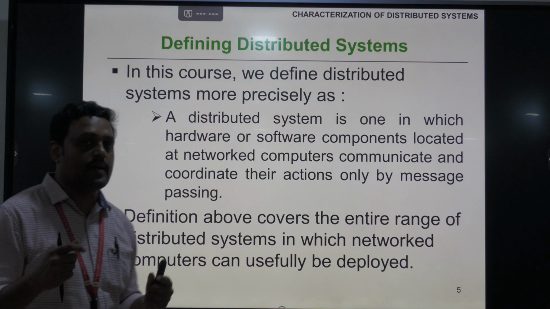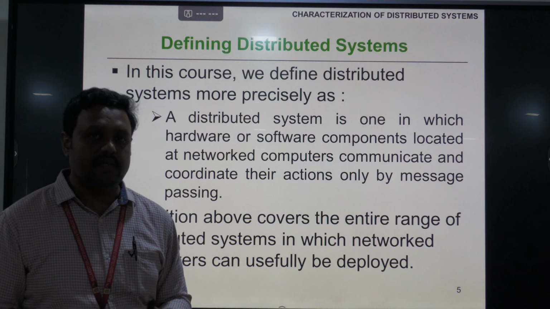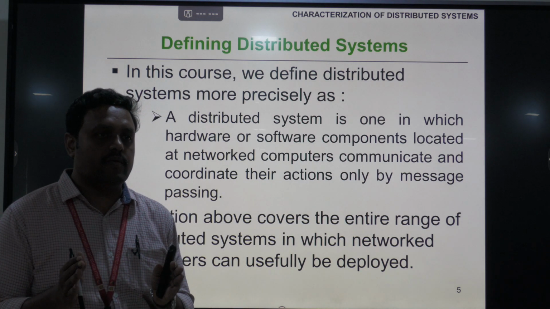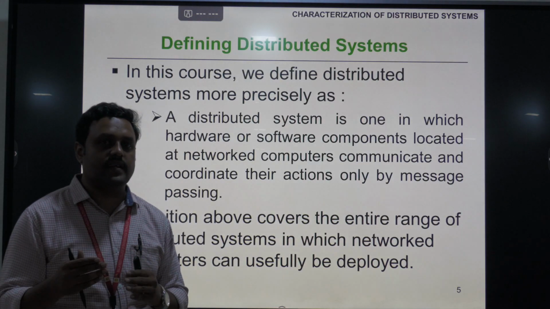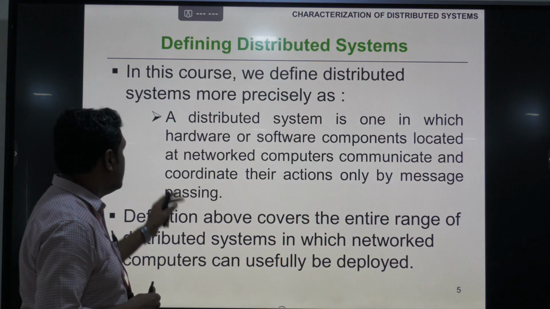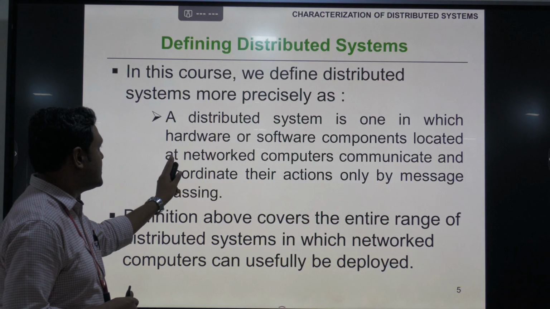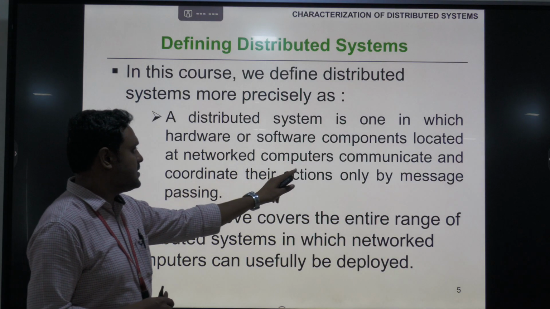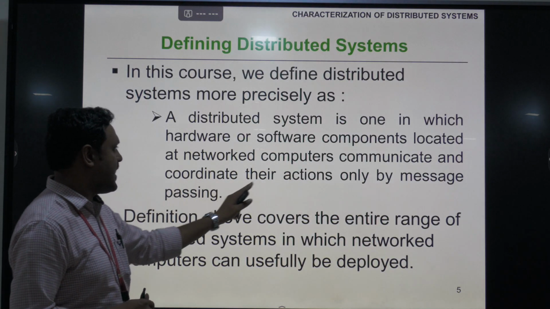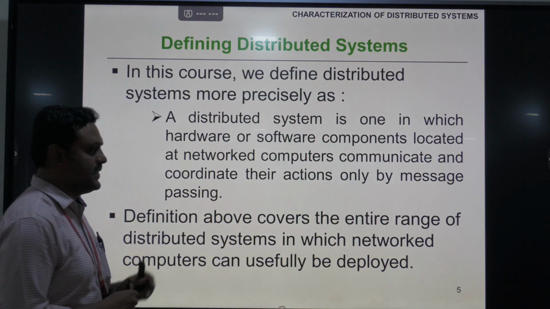As I said, the more precise way of defining distributed systems shows a few characteristics. A distributed system is one in which hardware or software components located at networked computers communicate and coordinate their actions only by message passing.